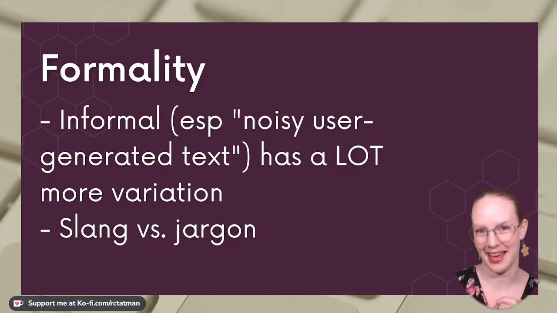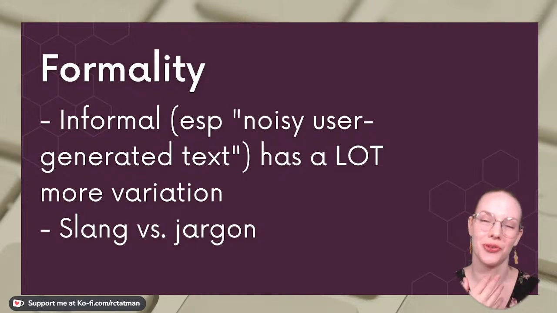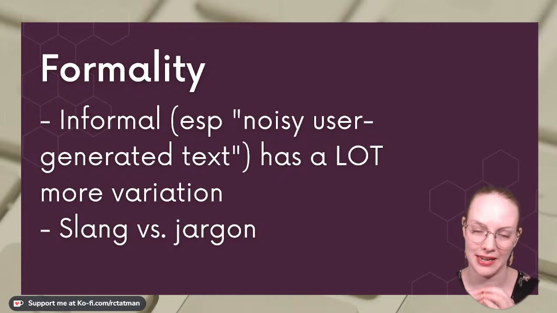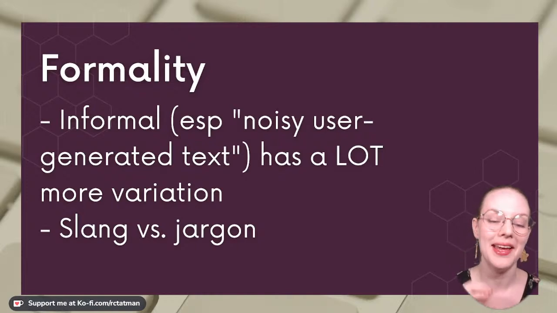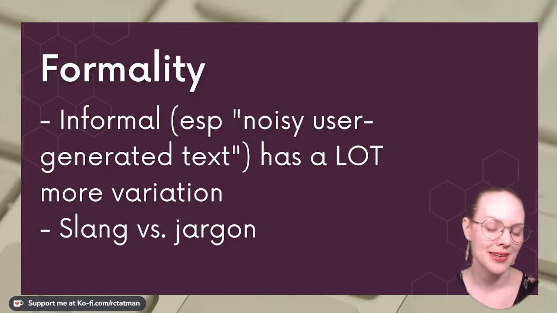You don't have that. You have certainly social norms within groups, but the language that you will see in an informal setting is wildly varying. And if you don't expect that, right, and if you train your models using the Wall Street Journal, very popular corpus in NLP, and then you give it Twitter posts, you're probably going to have a bad time.